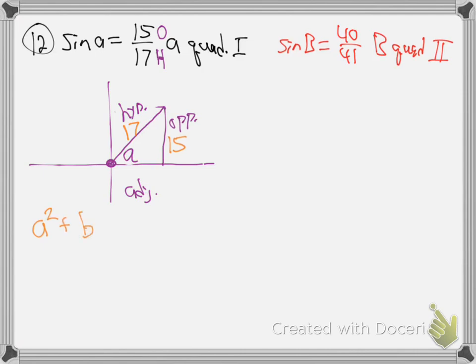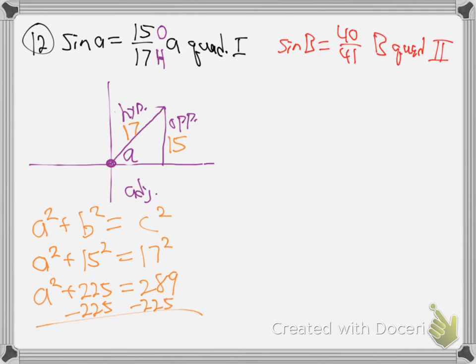A squared plus B squared is C squared. And which one's the C whenever we do the Pythagorean? It's always the hypotenuse, so 17, exactly. And the A and the B, it doesn't matter which is which, you can switch them around. So we get A squared plus 225 is 289.